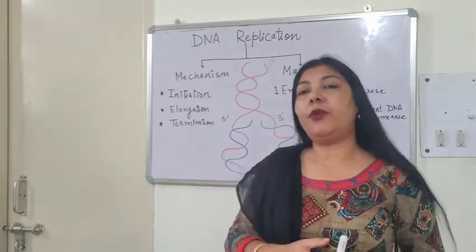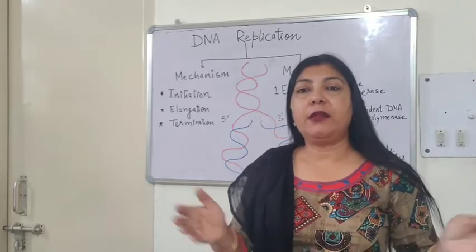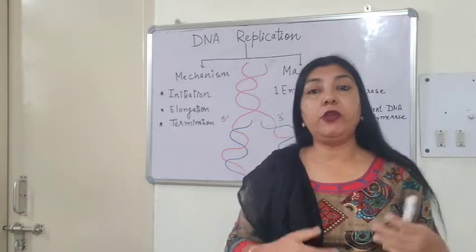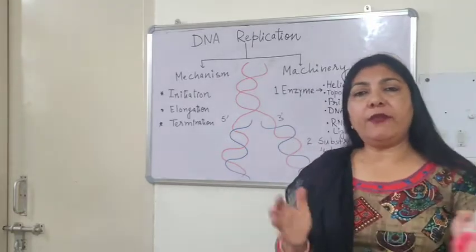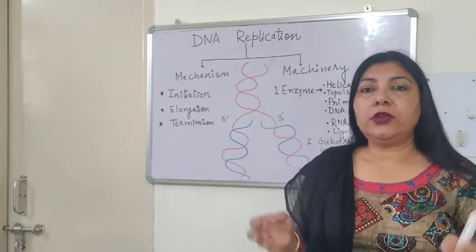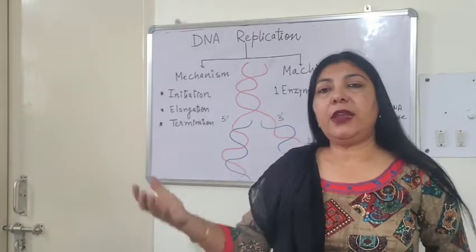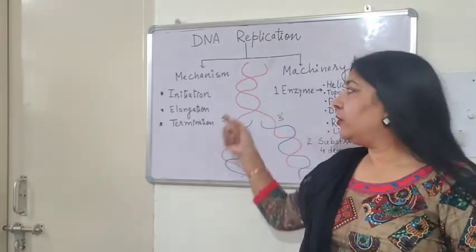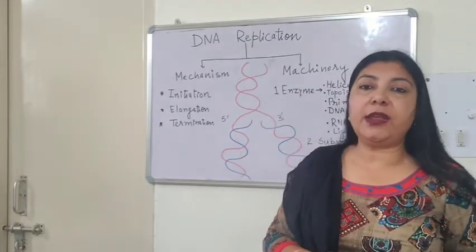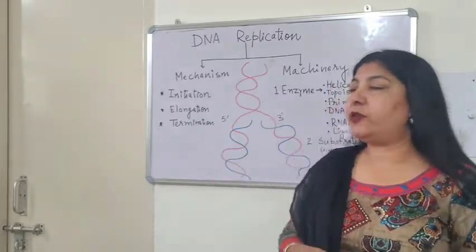In prokaryotic DNA, there is only one ORI from where DNA replication will take place, whereas in eukaryotic DNA, there are various ORIs. So in the complete DNA, at many places the DNA replication begins. So the first step involves the initiation of DNA replication, and I will tell you the details of the initiation later on.